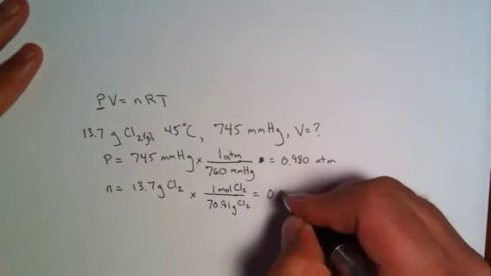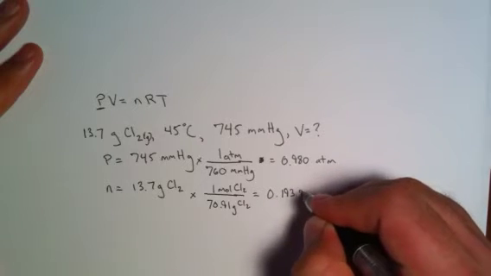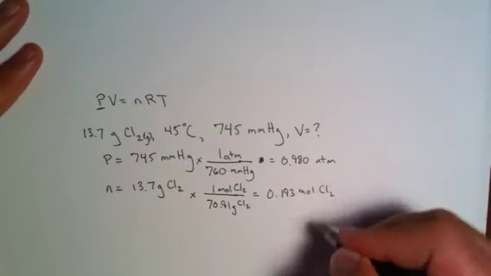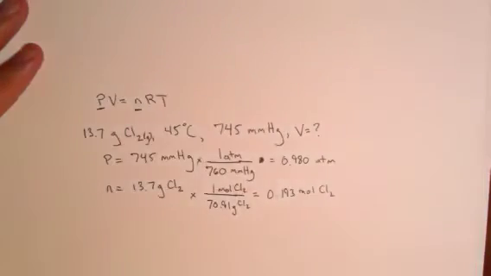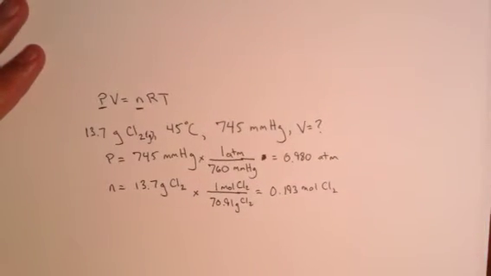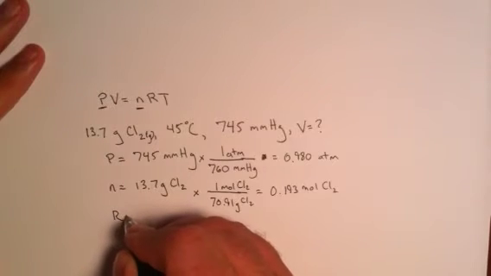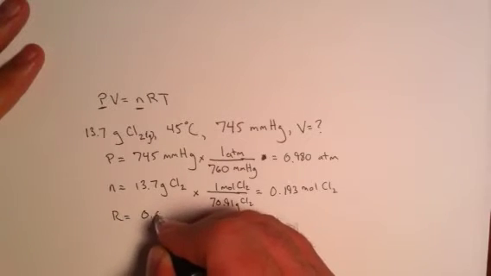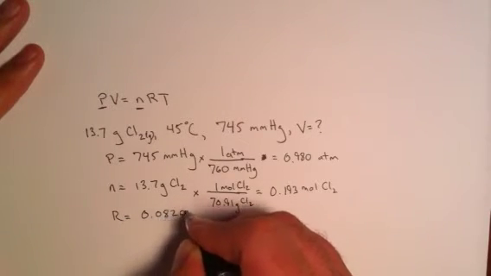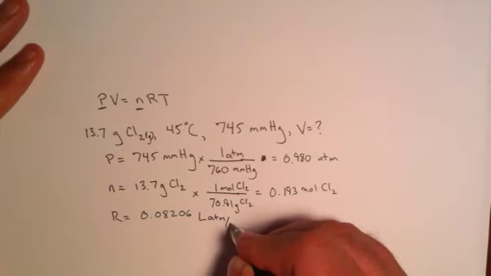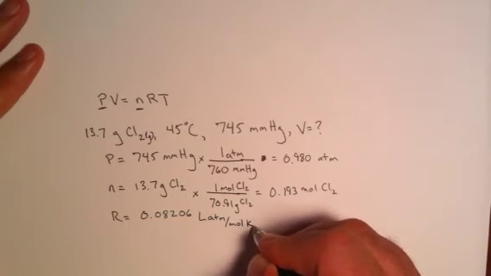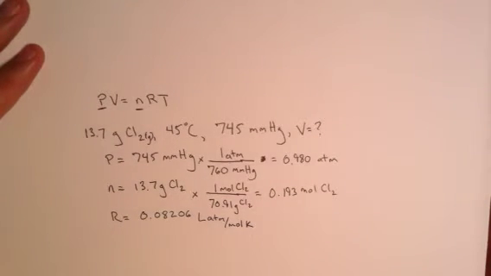That ends up giving you 0.193 moles of Cl2. So we know this variable now. R is just a given, just the constant. So we know this one.